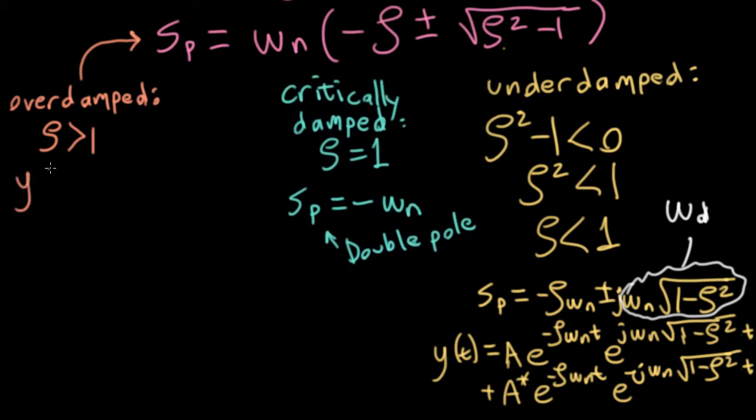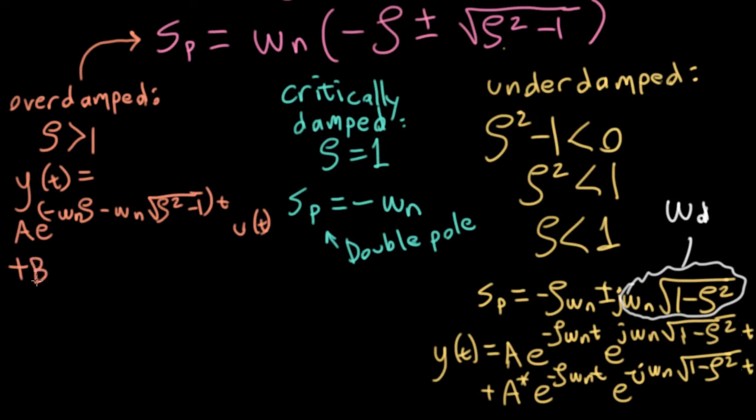In the overdamped case, the inverse partial fraction expansion is going to look like some constant, let's call it A, times e to the minus omega n zeta, let's say minus, so this will be the pole furthest to the left, omega n square root zeta squared minus 1, all of this times t, u(t), plus some other constant with e to the minus omega n zeta plus omega n square root zeta squared minus 1 all in parens times t u(t).